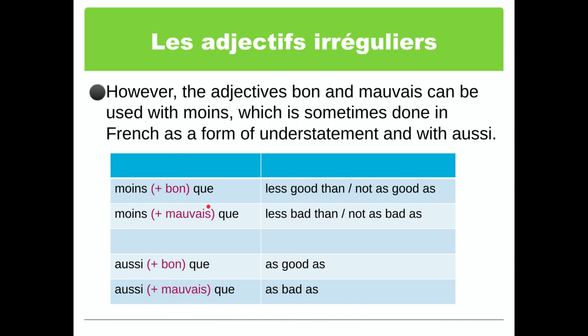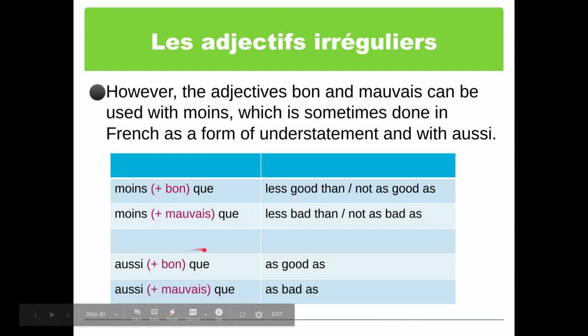So you could say l'italien est moins bon que le français. Italian is not as good as French. And you could say l'espagnol est moins mauvais que l'italien. So you could say Spanish is not as bad as Italian. So aussi bon que, as good as, and aussi mauvais que, as bad as. It's the same concept. You just add in either bon or mauvais.